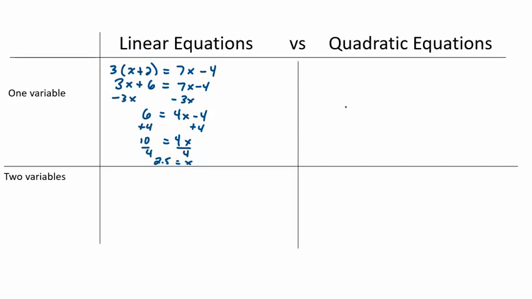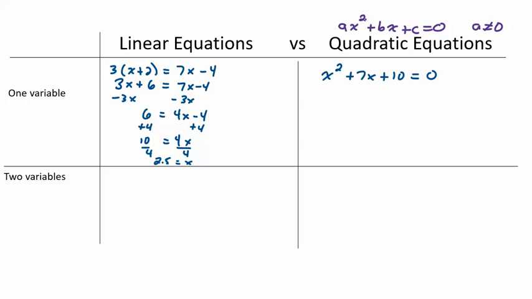Now, you do know how to do one type of quadratic equation in one variable. Let me give you an example. Let's say you have something like x squared plus 7x plus 10 equals 0. You should know how to solve that, hopefully, because we've covered it. What makes this quadratic, first of all? Let's not lose sight of that. Let's write this up here. A quadratic equation in one variable can be put in the form ax squared plus bx plus c equals 0, a not equal to 0.